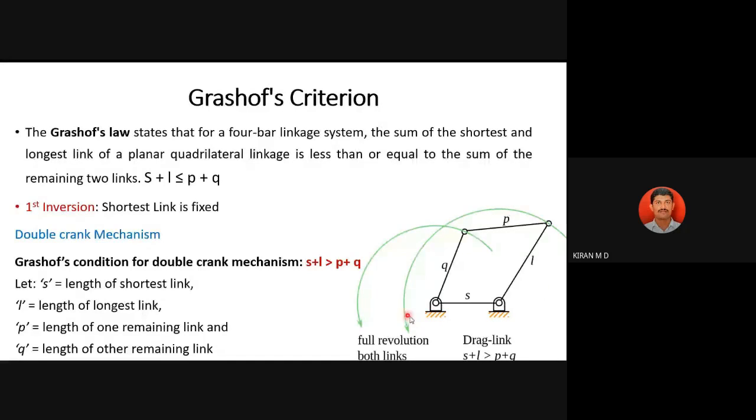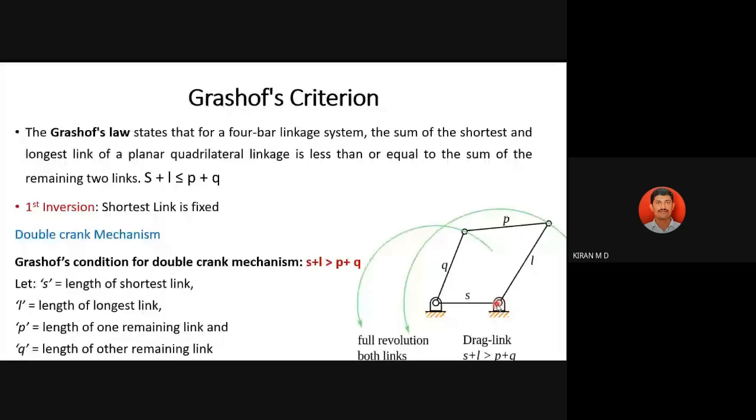By fixing one link of a kinematic chain, we can achieve the motion that we call the mechanism. By fixing different links, we can achieve different mechanisms.